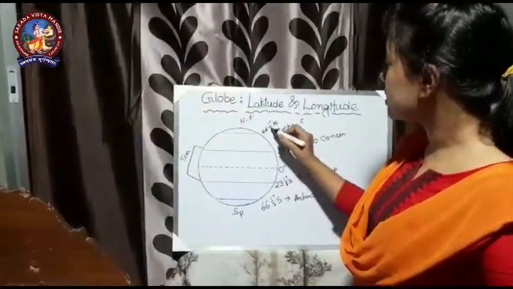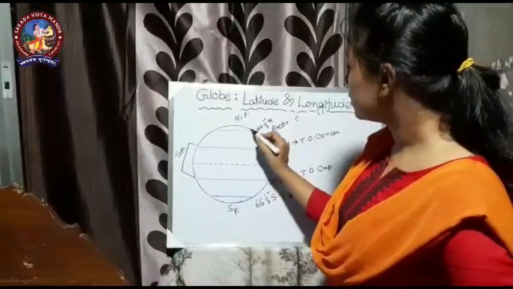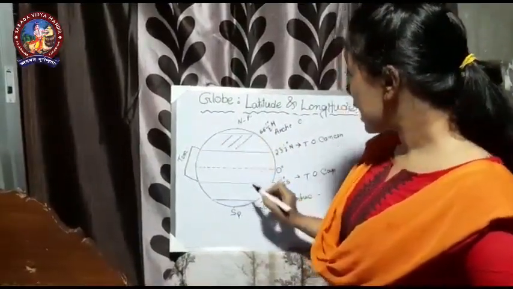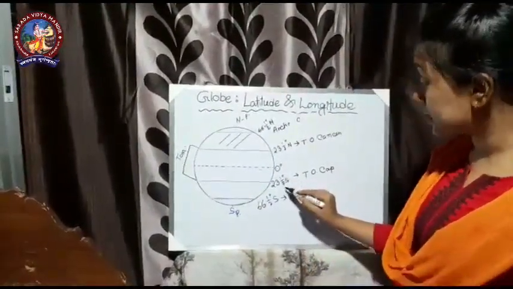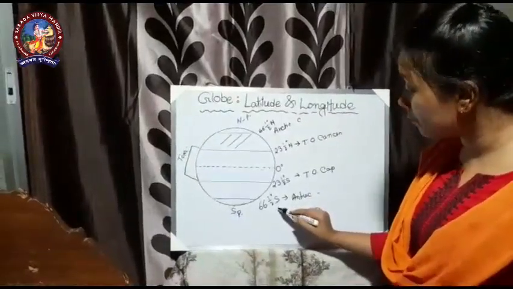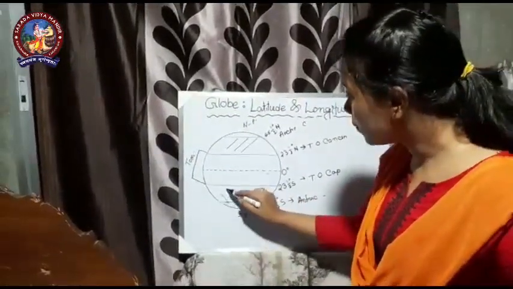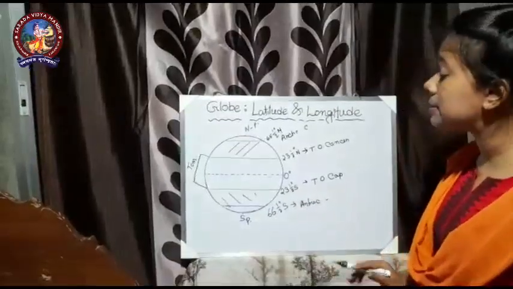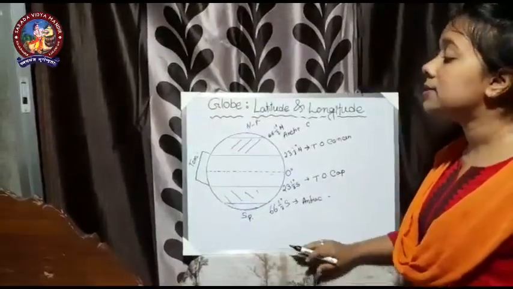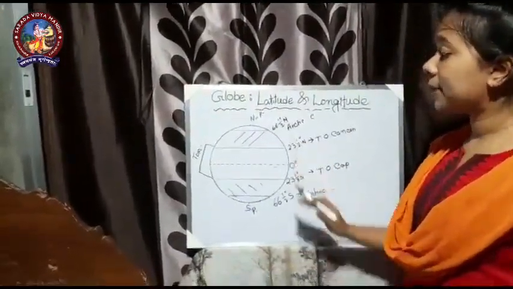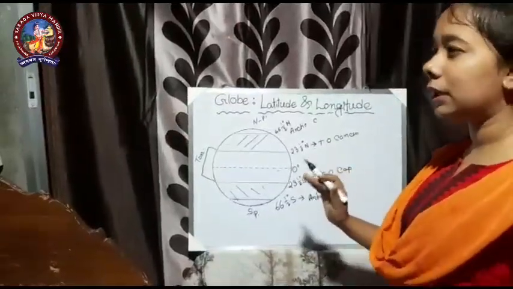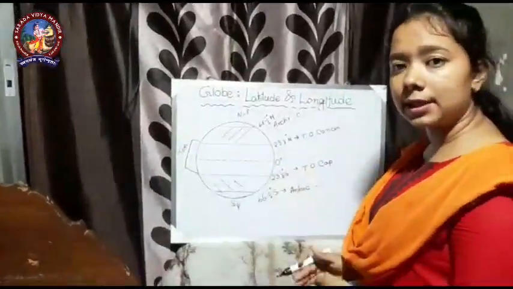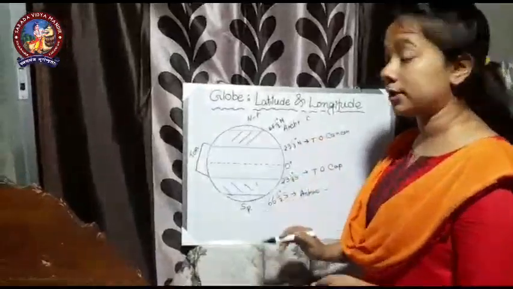Now next, that is the temperate zone. 23.5 degree north to 66.5 degree north, this portion, and 23.5 degree south to 66.5 degree south, this portion. These two portions fall in the temperate zone. In the temperate zone, the sun gives slightly slanting rays, so the climatic condition of this area is moderate.